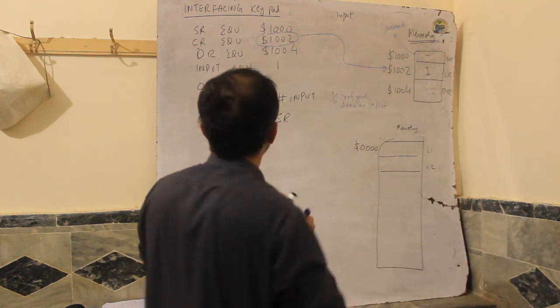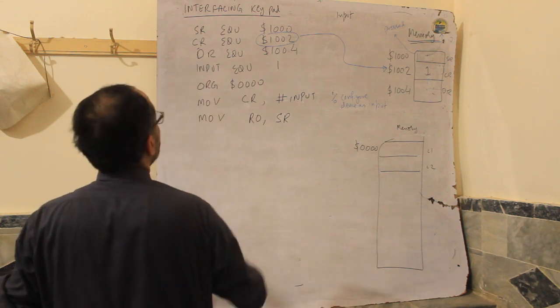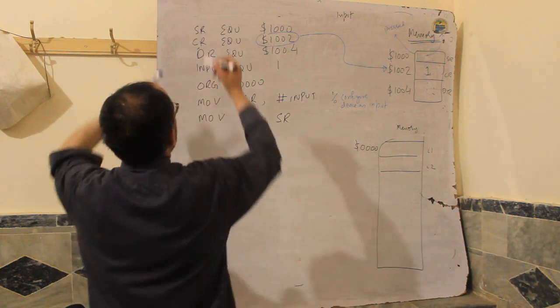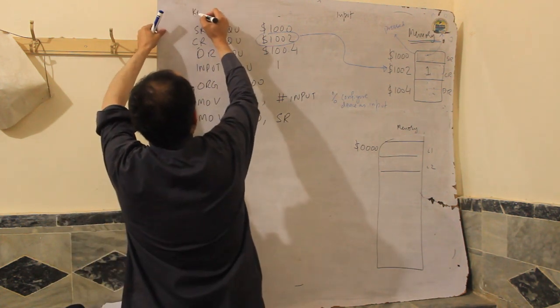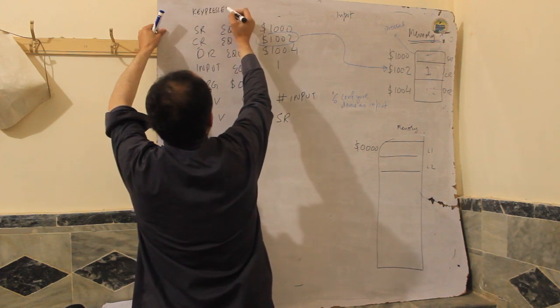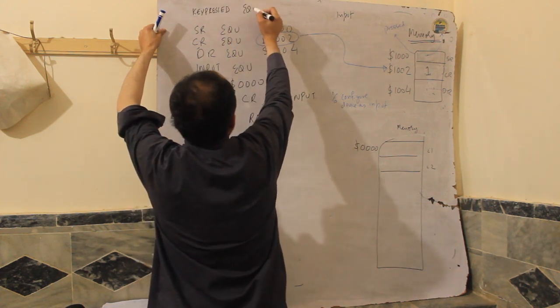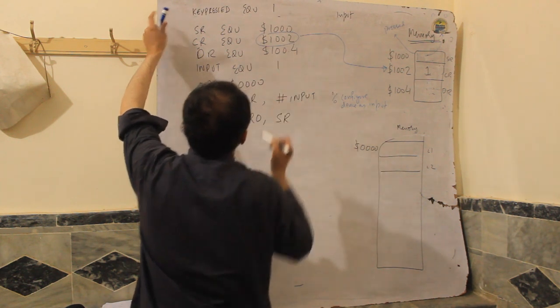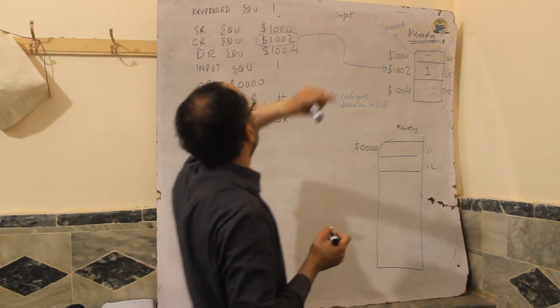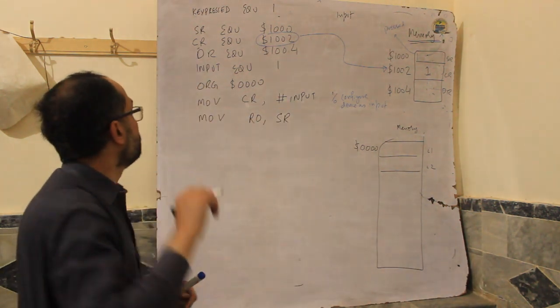So we can also introduce another equate, like key pressed equals 1. If the key has been pressed, the value will be 1; if the key is not pressed, the value will be 0.